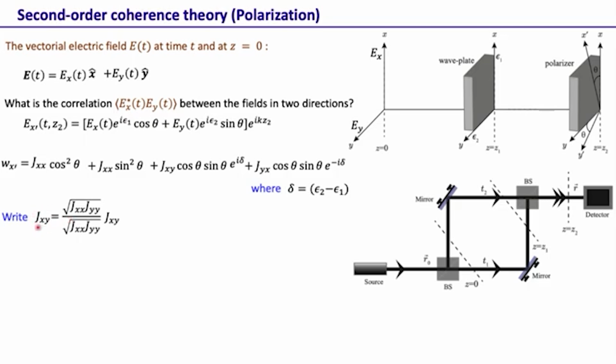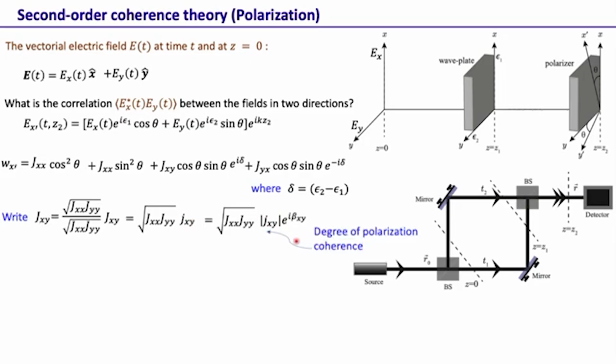We write this Jxy, just multiply it up and down with the square root of Jxx Jyy, so the square root of Jxx Jyy stays here, and Jxy divided by that, we are writing as small jxy. That's the normalized Jxy. Then small jxy we can write as mod of jxy e to the i beta xy. Now this is what we call the degree of polarization coherence. That's the modulus, the absolute value, and that's the complex phase part. So this absolute value of jxy is the degree of polarization coherence.